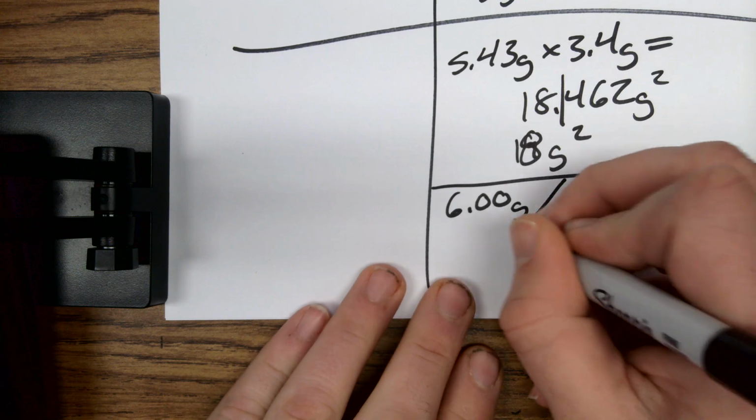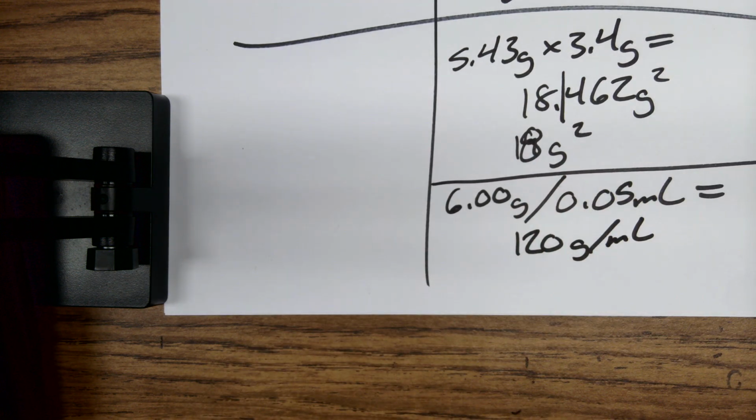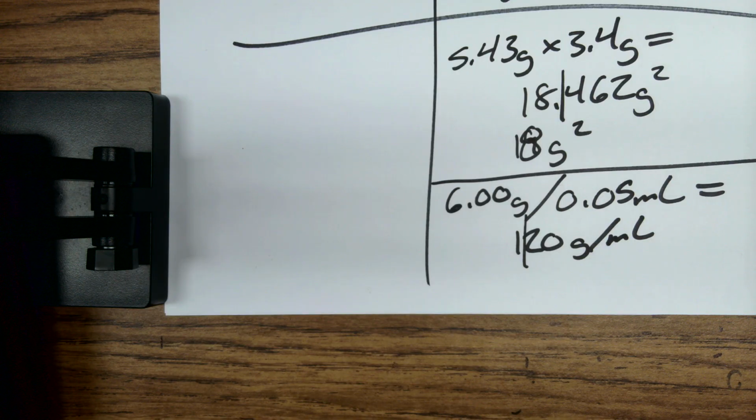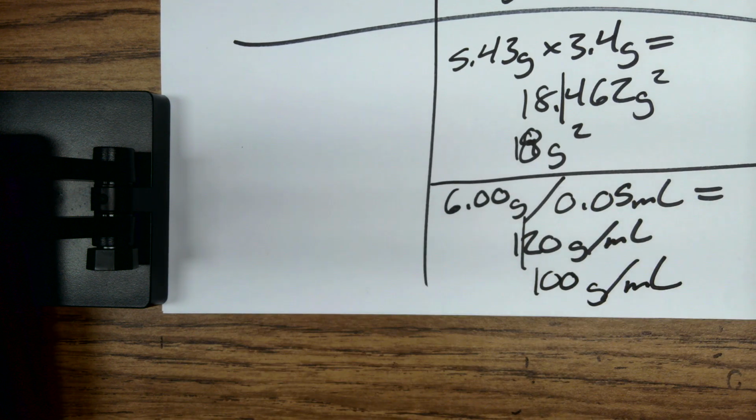So my unrounded answer is 120 grams per milliliter. Which factor has the least amount of sig figs, 6.00 or 0.05? How many sig figs does it have? How many sig figs can my final answer have? 1. Is a 2 big enough to push my 1 to a 2? What's my final answer going to be then? 100 grams per milliliter.